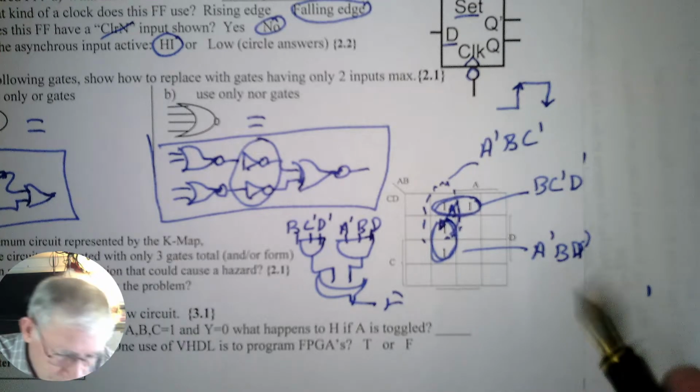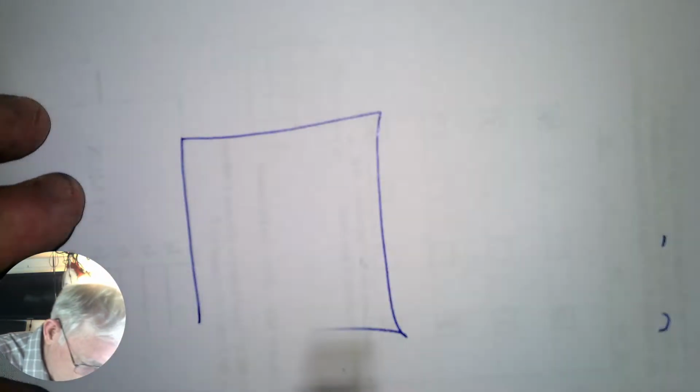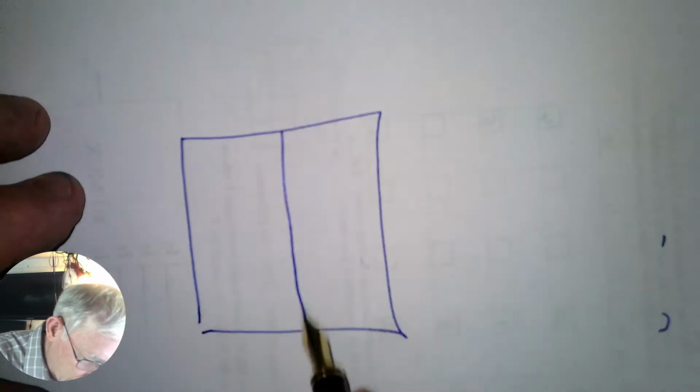Hang on. Let me redraw this. Yeah, let's do this right here. Okay, we'll draw a bigger map. I made some mistake there.